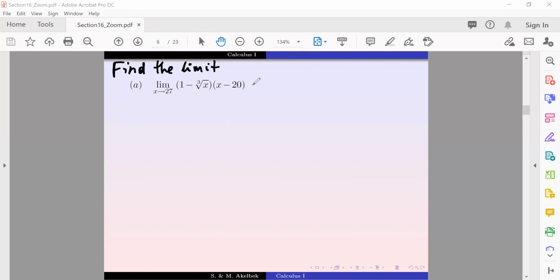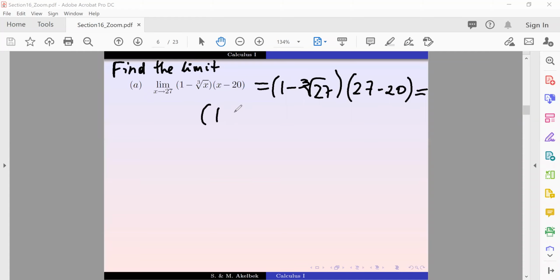So first thing, we always take this number and substitute for x. So I'm gonna have 1 minus cube root of 27 times 27 minus 20. And let's try to figure out if that exists. So cube root of 27 is what? 3. Correct.